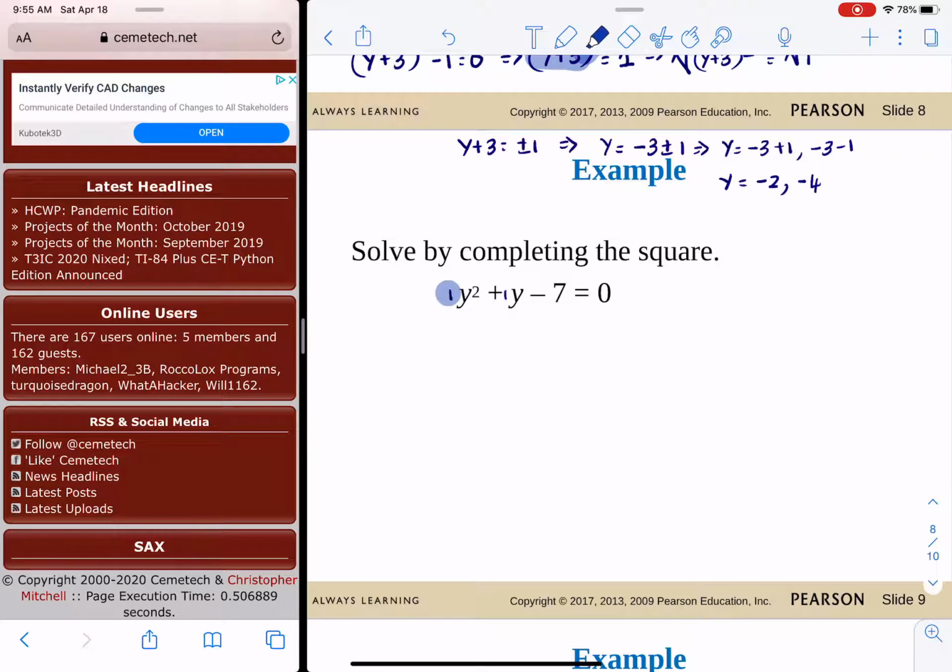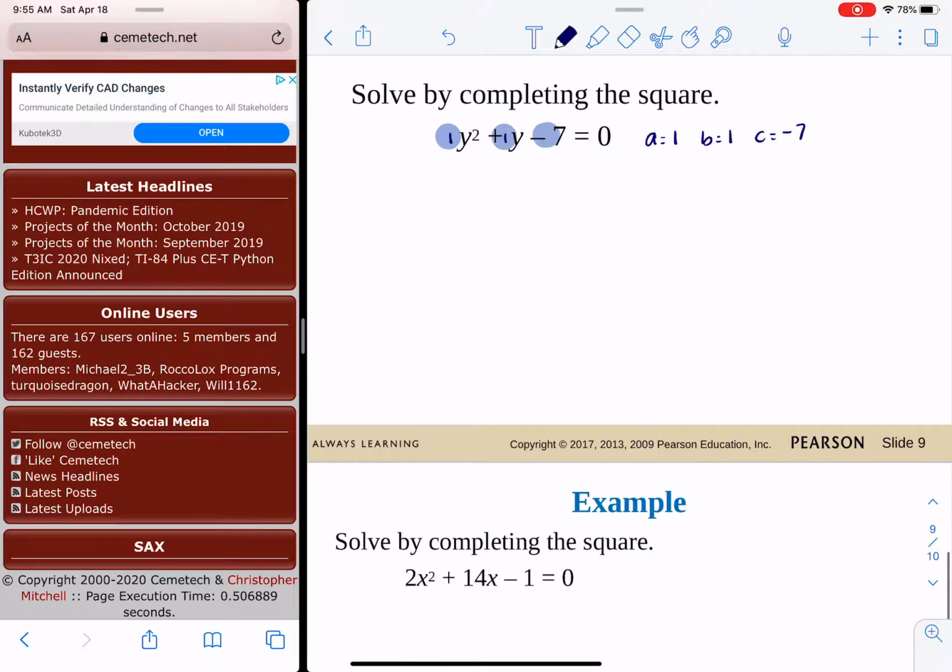So a is 1, b is 1, c is negative 7. So we can use the quadratic or completing the square without any issues.